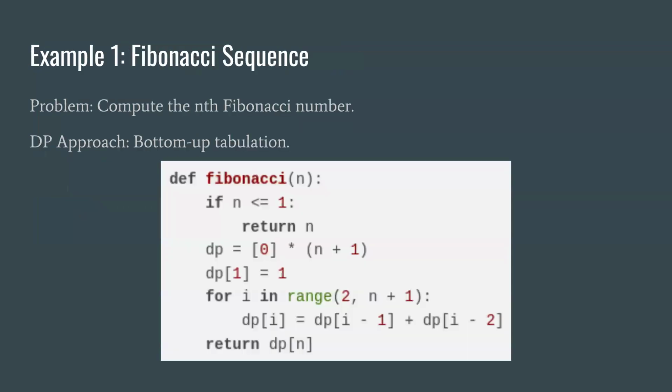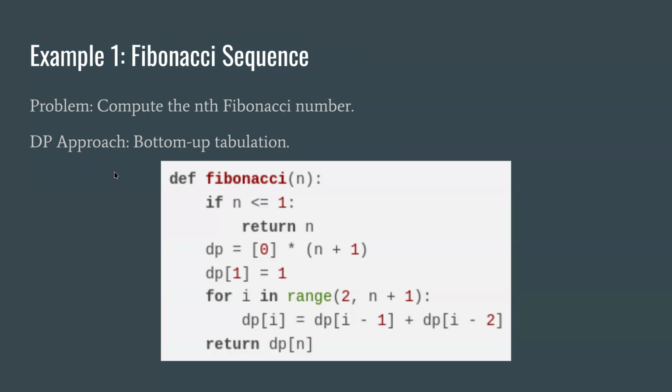Example 1, Fibonacci sequence. So here is our first example. The problem is to compute the nth Fibonacci number. Using dynamic programming, we can solve this with a bottom-up tabulation approach.